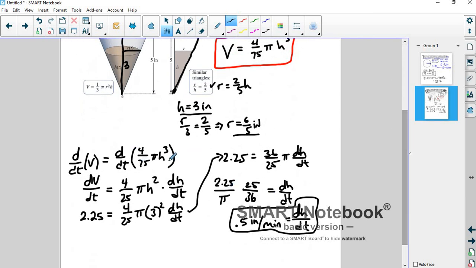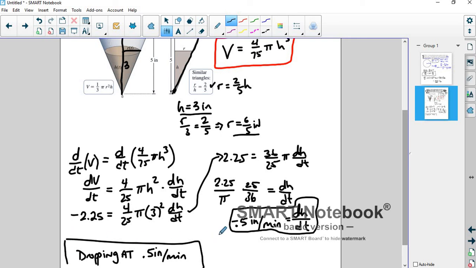If I would have used a negative for dV/dt, I would have got a negative answer here for dH/dt, which would have been fine, but then my actual answer is it's dropping at 0.5 inches per minute. So because the dropping was already listed, that gave you the negative idea, but it is being drained out, so that really is a negative rate.